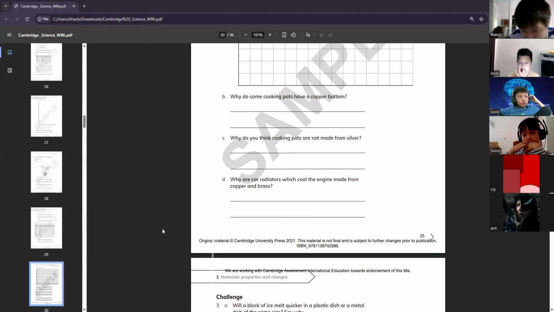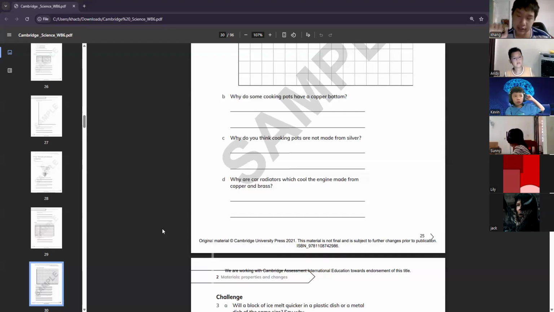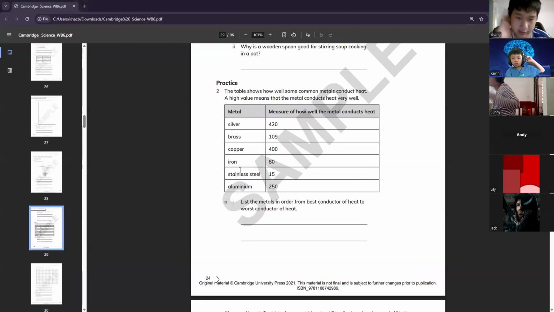So what does a copper conductor mean? What does copper mean? Didn't I already say copper? Copper is this metal.